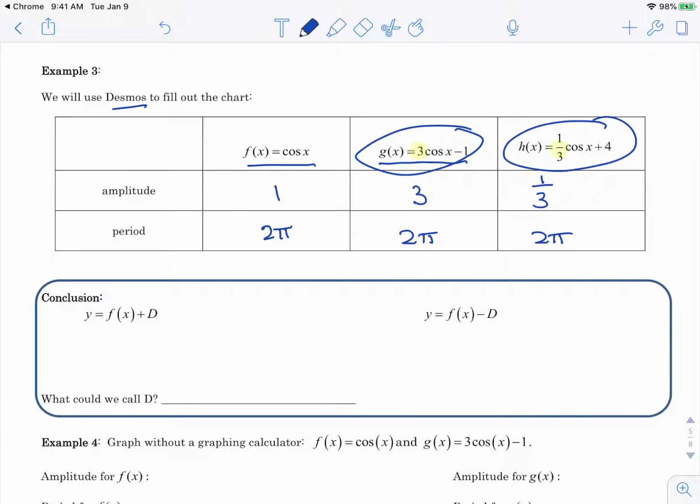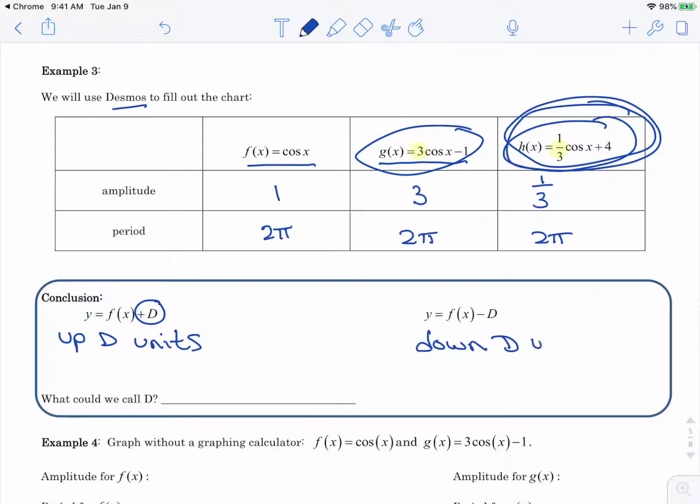when you have an addition on the end, like this one right here, it went up d units. And this one, it went down d units.